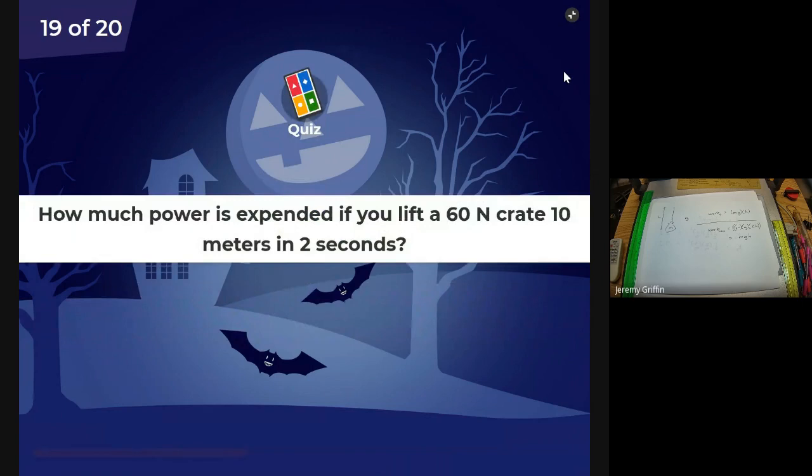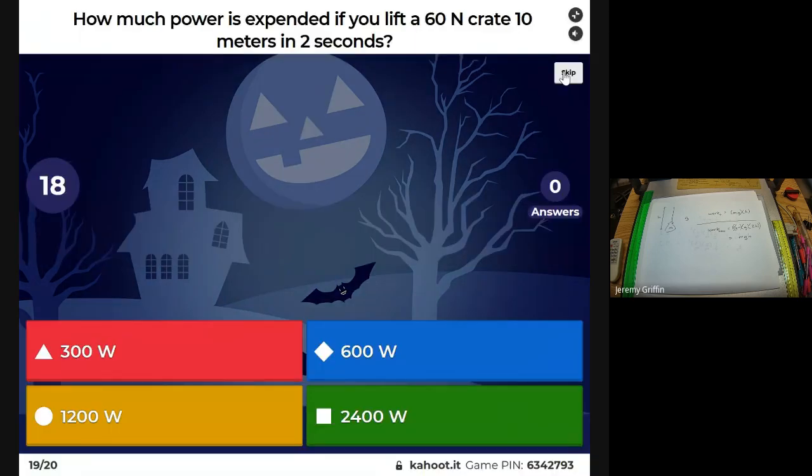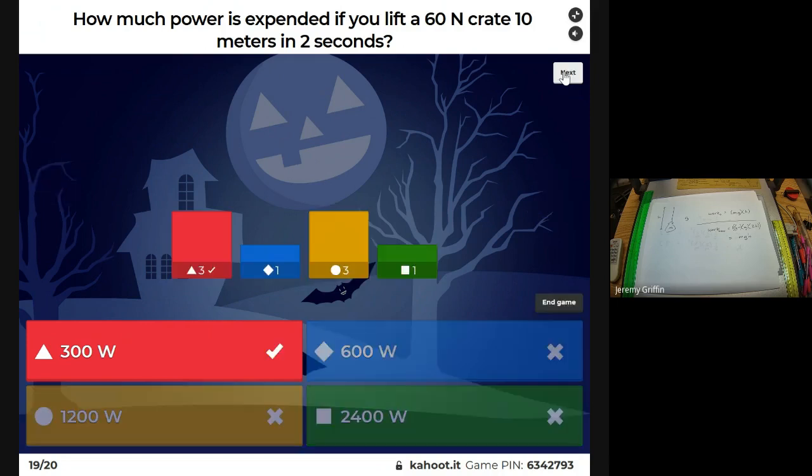How much power to lift a 60 Newton crate 10 meters all in 2 seconds? 300 watts.